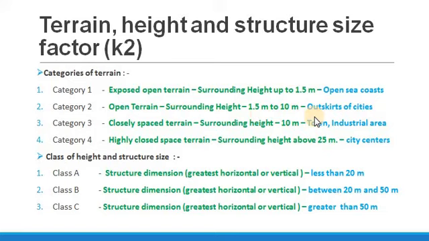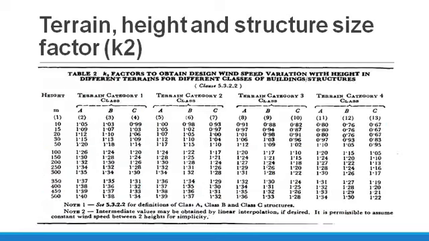That means if a building is lying in the outskirts of a city, and if it is in the center of the city, its category changes, and the change in the category results in a change of the factor K2, like in this table. With the change in the height of the structure and the terrain of the structure, with change in the class, the values of K2 change.